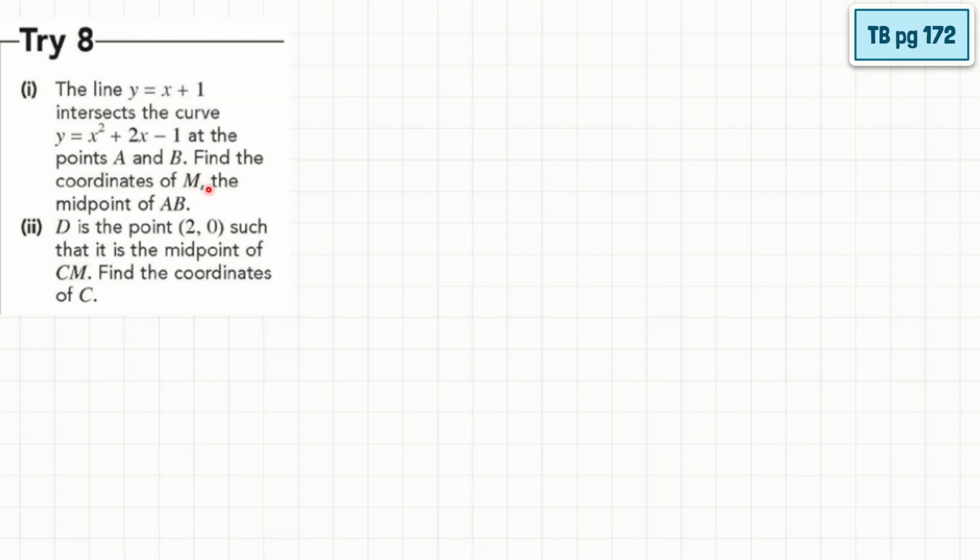As I mentioned right at the start of this chapter, we need to be able to unpack all the information out of a question, and it is very helpful for us to draw a diagram. So we will start by understanding the question, and that would be by drawing a diagram first.